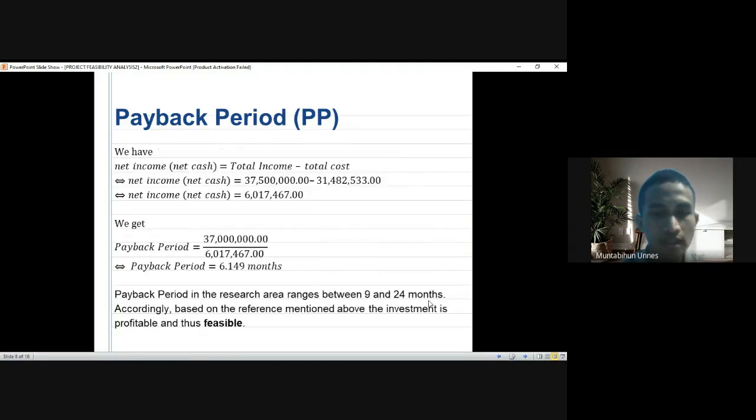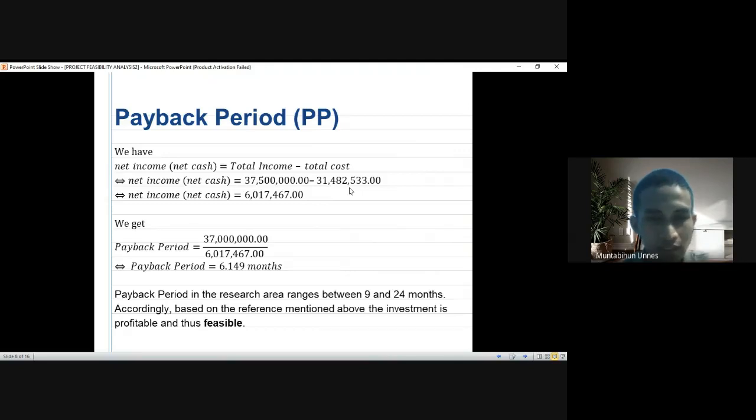The next is the calculation. We have the net income or net cash is equal to total income minus total cost. And from table 1 and 3, we get the net income is 37,500,000 rupiah minus 31,482,533 rupiah.